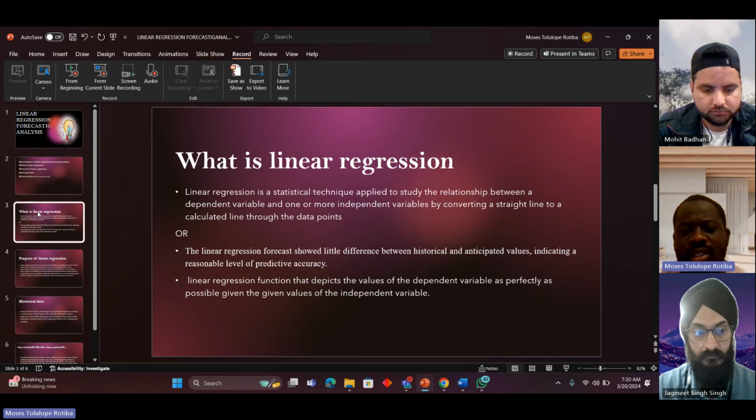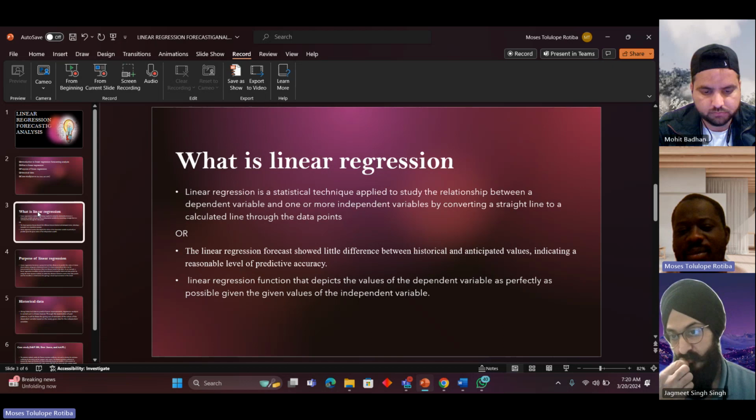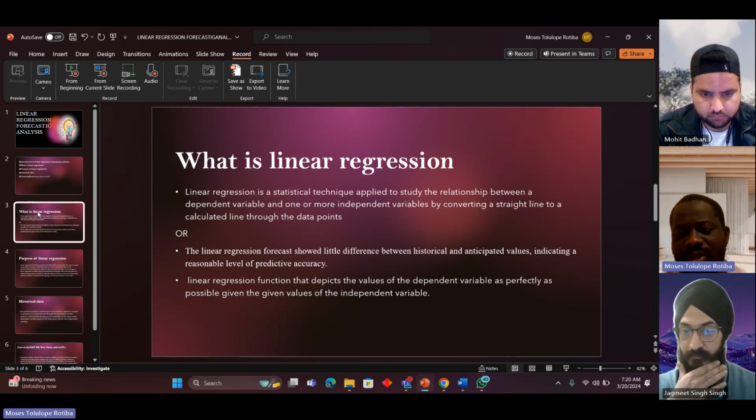Linear regression is a statistical method used to apply interrelations between dependent variables and independent variables. It is also used to project the future from historical data of companies, to project their sales and whether they are able to make sales using linear methods.